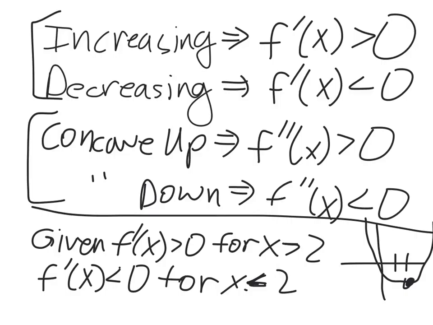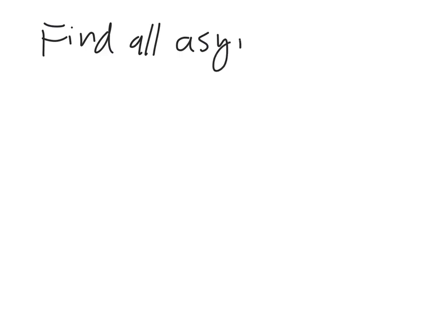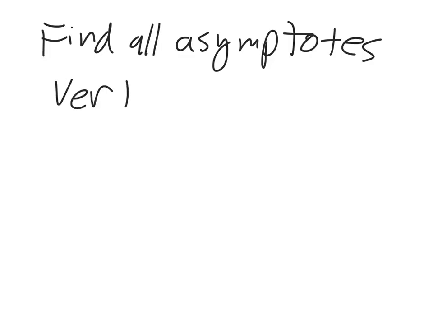We looked at asymptotes. Rational functions have asymptotes. So find all asymptotes for a particular function. Vertical asymptotes would be found how?